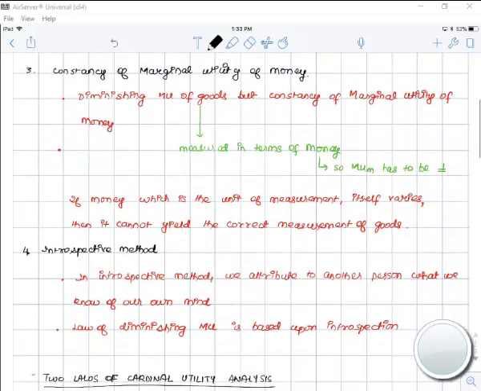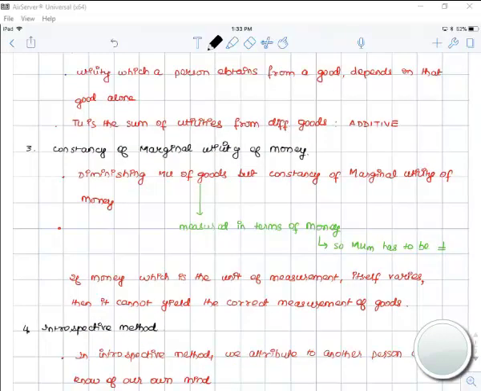And this is important for us, that they have assumed that the utility is additive. So let me just write it for you as well. The total utility is ux1 plus ux2 and so on to uxn, right?